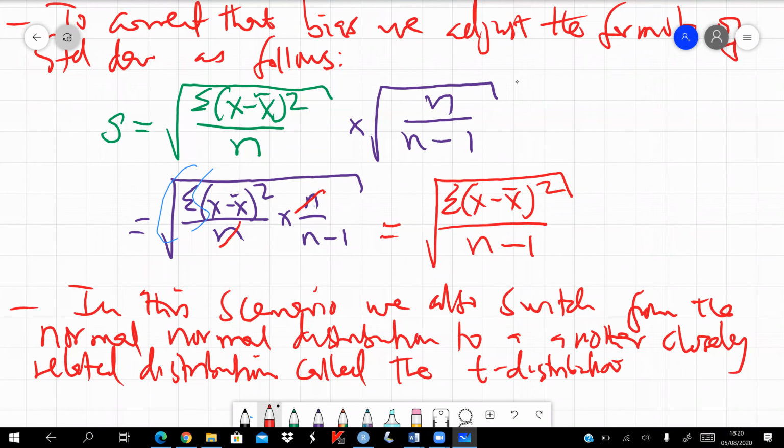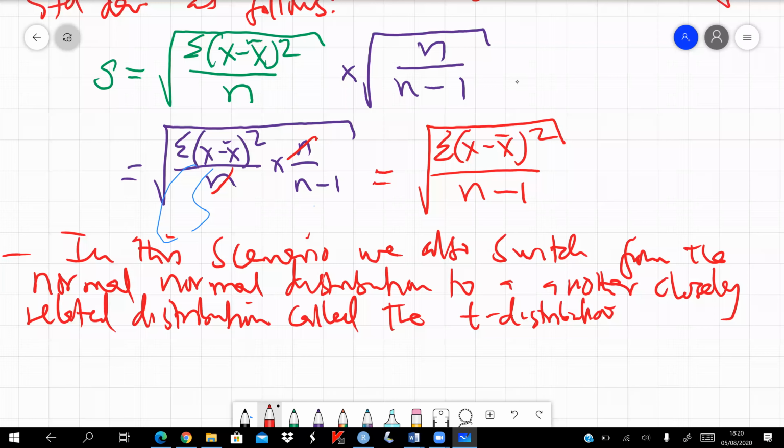When you have a small sample, or when sigma is not known and you have a small sample, you also switch from the normal distribution to another distribution called the t distribution.